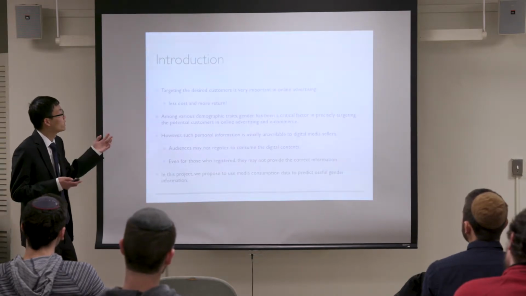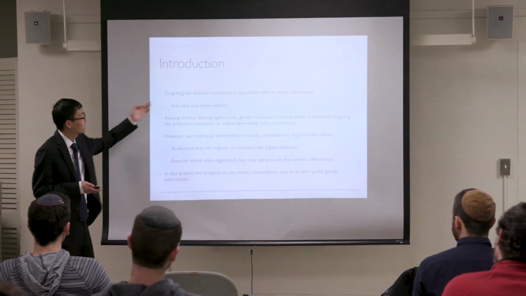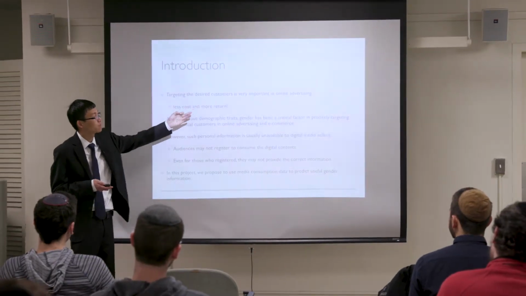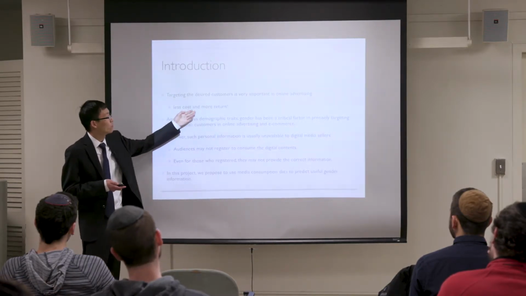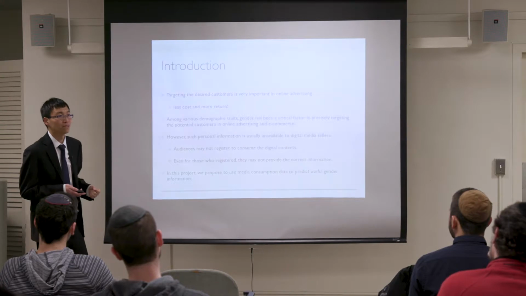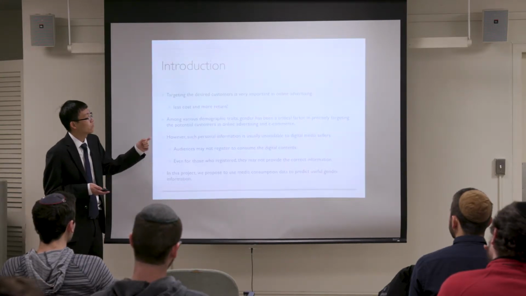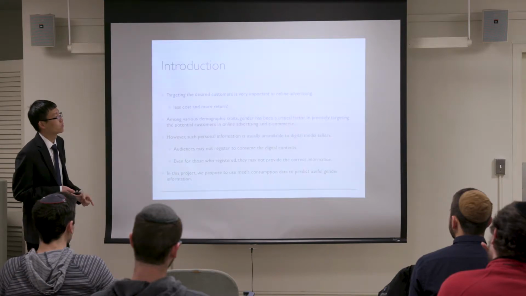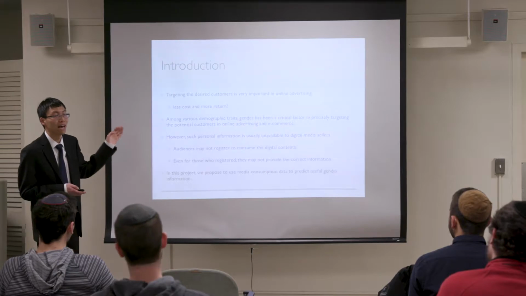So, why do we want such information? Because with such information, we can target the desired customers. And this could greatly reduce the cost and also improve the return on investment. Among various demographic traits, gender information is a critical factor in precisely targeting potential customers in online advertising.